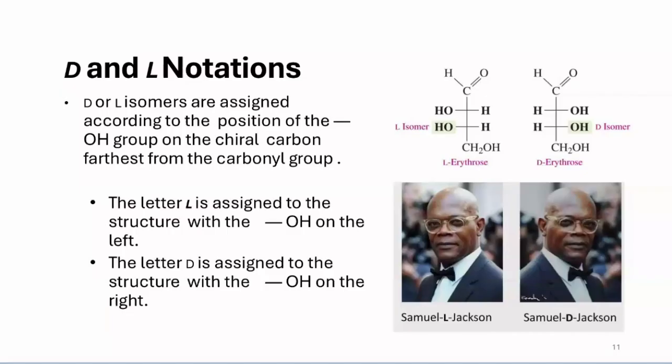So let's look at the compound that is called erythrose. Erythrose is a monosaccharide, and the chiral carbon that is the farthest away from the carbonyl, I'm just going to circle it, is this one.